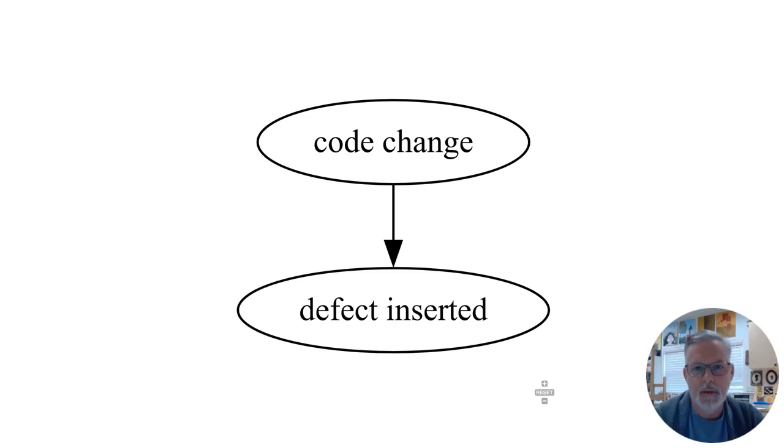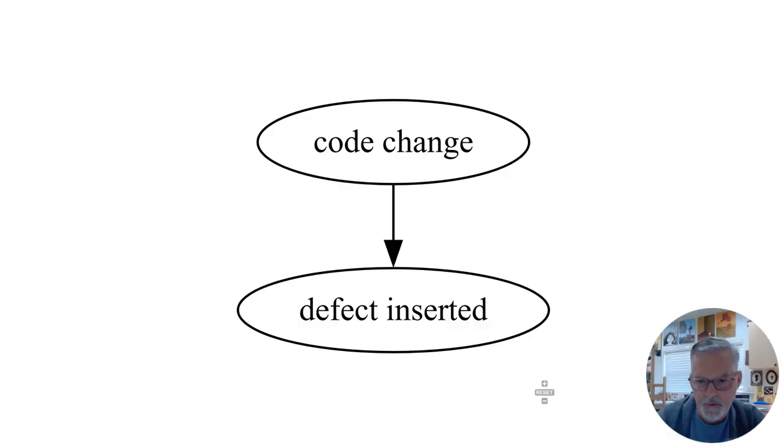Okay, this is how I like to think about changes in code and trying to prevent bugs from releasing. If we think about changes in code, the more changes we make, the more defects we insert.